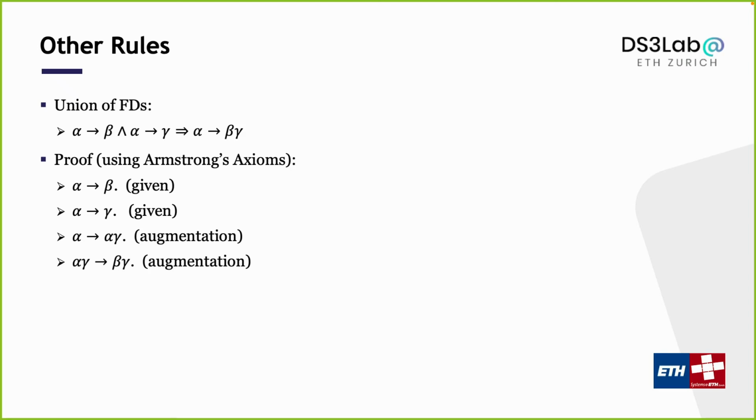I can add gamma on both sides: I add gamma to alpha and gamma to beta. I have alpha gamma decides beta gamma, and then you do the transitivity of this. You get alpha decides beta gamma. Once you have this inference system with 3 very simple rules that are both sound and complete, you can derive new inference rules for functional dependencies relatively easily.